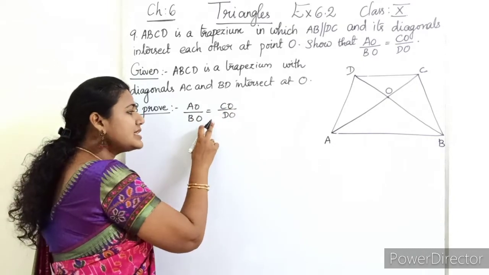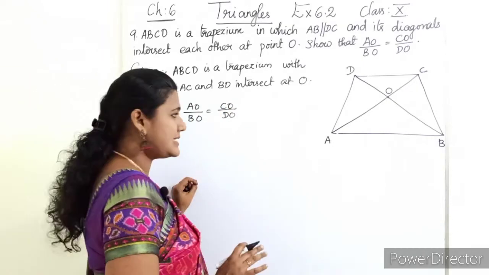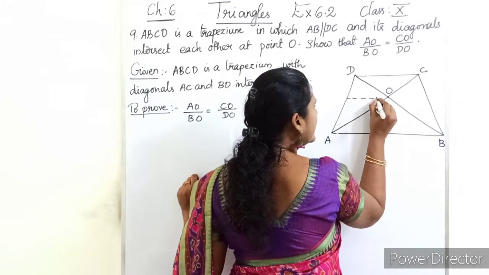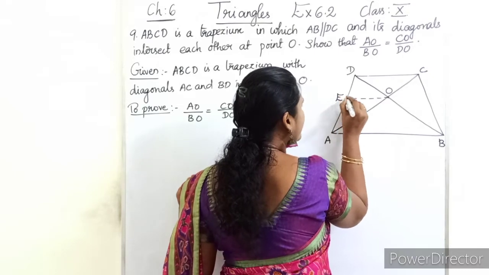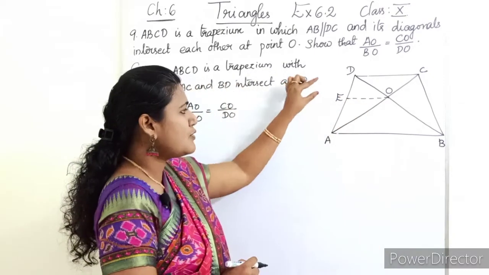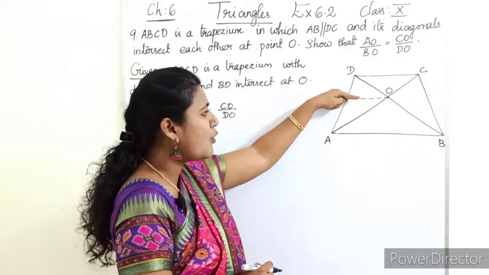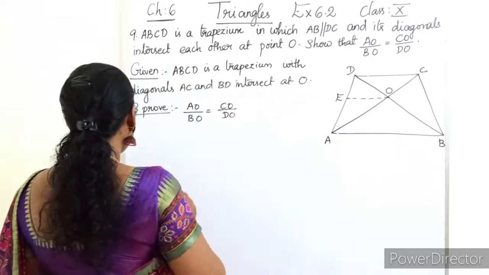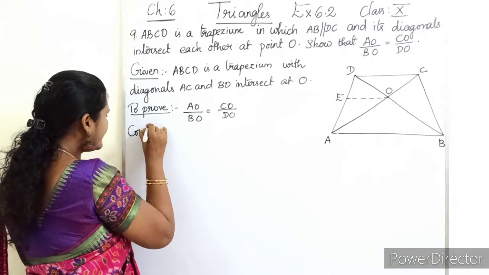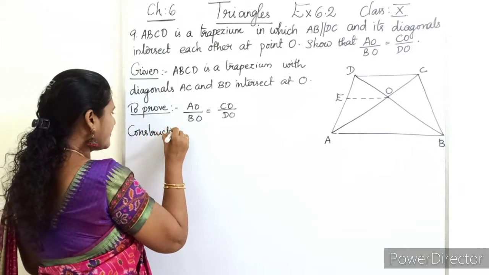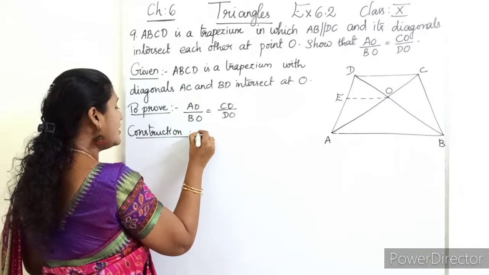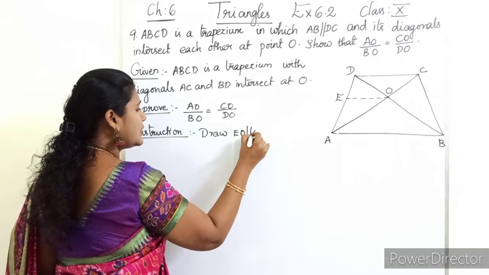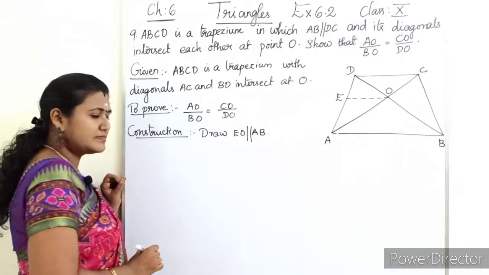So for proving this, we need to do a construction. That is, we have to draw a line EO. So this point we will denote as E. We have to draw a line EO parallel to AB. So this is the construction. Construction: draw EO parallel to AB.